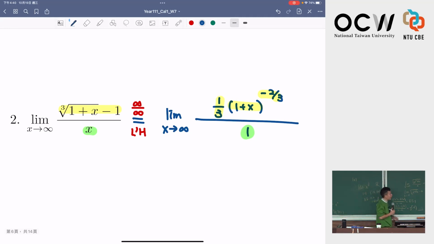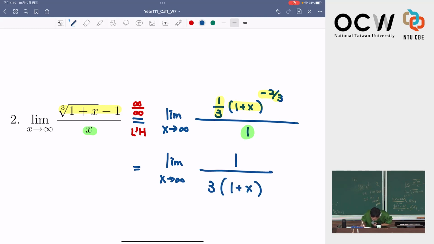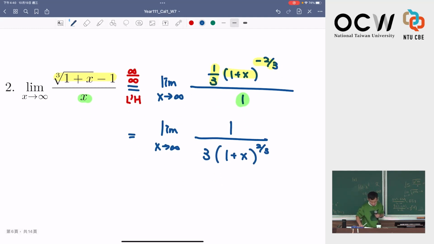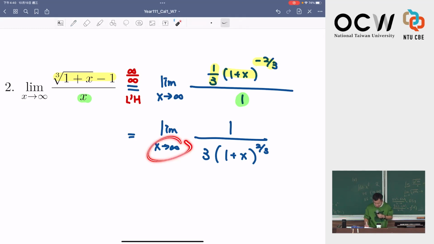Sometimes after you do L'Hopital, you will end up with something nasty like this. So usually my habit is to tidy this up a little bit. If you tidy this up, you will get 1 over 3 times (1 plus x) to the power 2 over 3 at the bottom. But you can immediately tell that as x gets larger and larger, the denominator gets really huge.